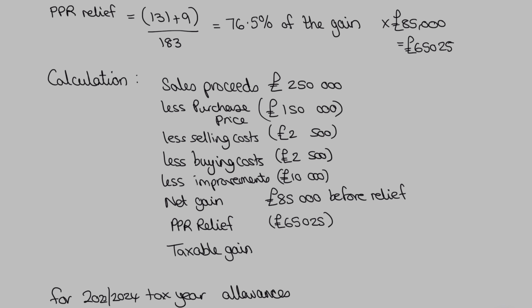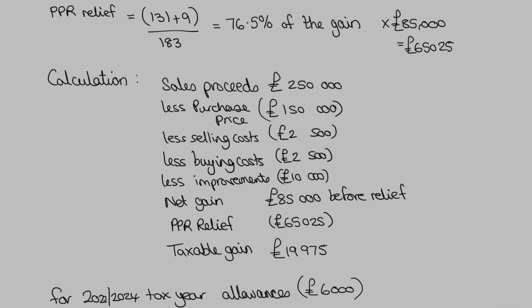So we're doing 85,000, take away our 65,025 to give us an actual taxable gain of £19,975. Now, the net gain is then reduced by the £6,000 annual allowance for the 2023-24 tax year. So that gives us an actual gain that we're going to pay tax on of £13,975, which will be taxed at the appropriate rate, either 18 or 28%, based on your individual tax position.